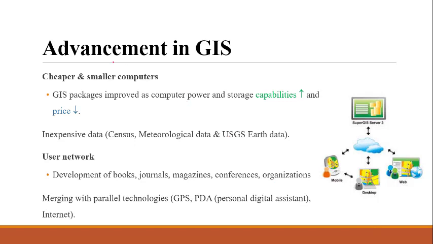Advancement in GIS. Advancement in GIS came due to cheaper and smaller computers, as GIS packages improved due to computer power and storage capabilities. The storage capabilities of computers increased and the prices decreased. Due to the prices and capabilities, GIS advanced. Also, inexpensive data became easily available, such as census data, meteorological data, and USGS, US Geological Survey Earth data.